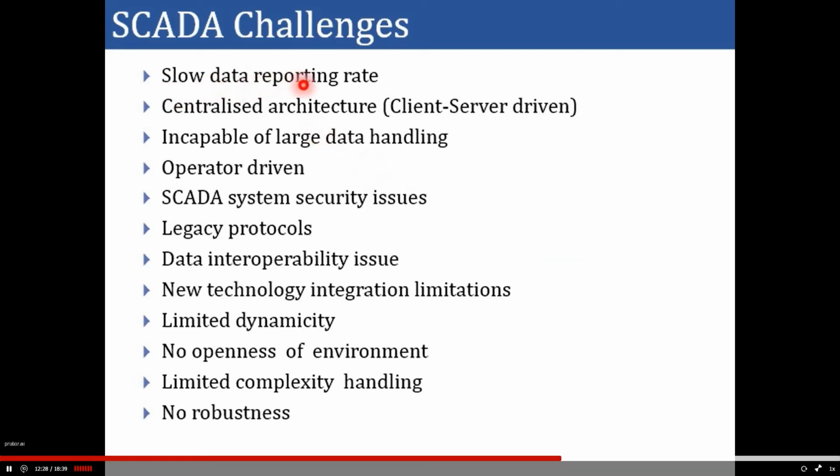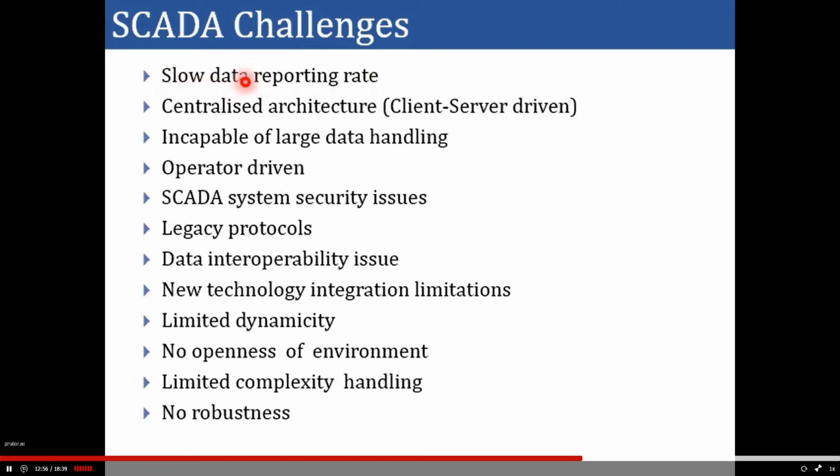The first challenge is slow data reporting rate. The data which we receive from RTU is reported at the control center at the rate of, say, every 5 seconds, which is very slow. As we discussed in the previous video, the power system collapsed in July 2012 within 3.5 seconds.